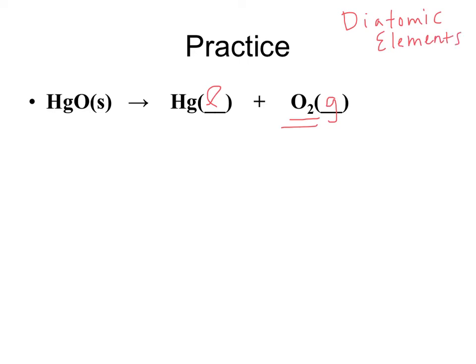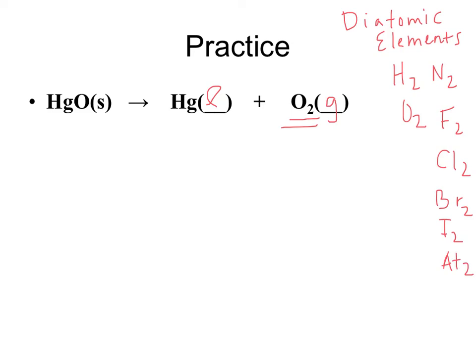If you remember, there was that list of diatomic elements. You're going to want to remember these. There's not very many. Hydrogen will always be in a 2, nitrogen, oxygen, and then every single halogen. So fluorine, chlorine, bromine, iodine, and astatine.